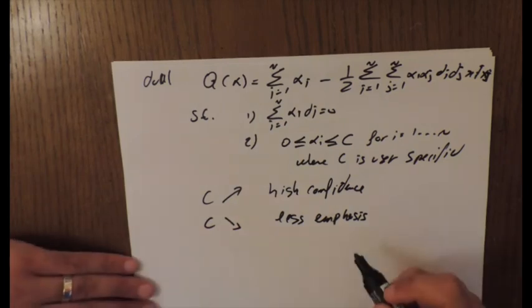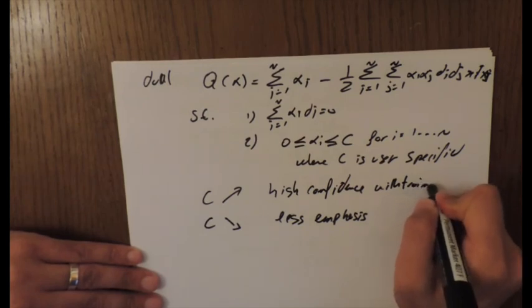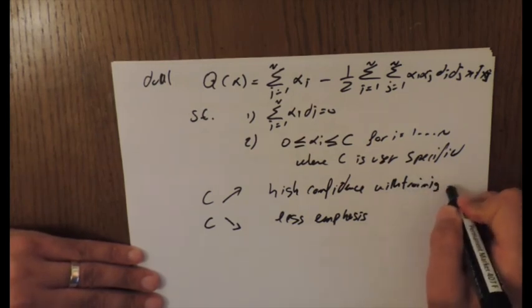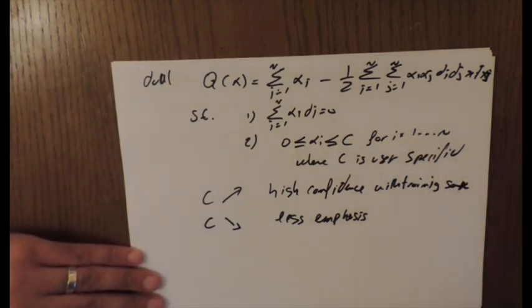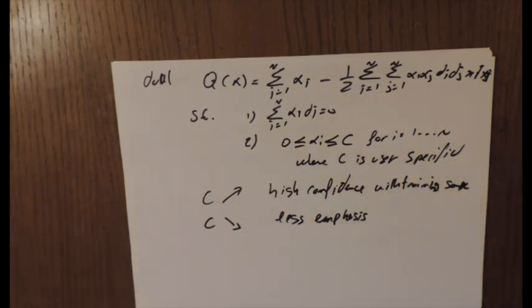So this means high confidence with the training sample. So this is the C selection. Now let's try and solve this problem.